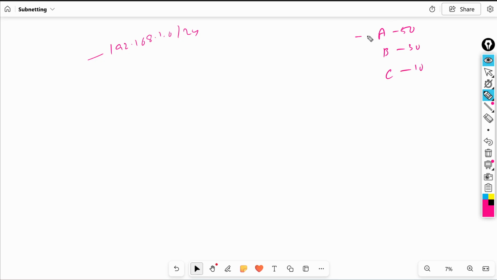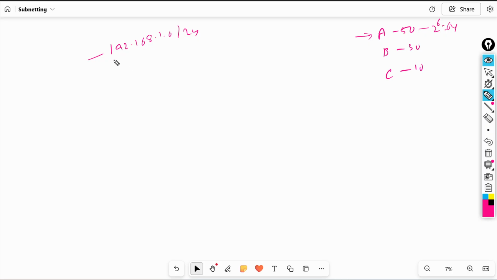So the highest requirement is 50, so we are doing subnetting based on the 50. 50 means we are taking how many? 2 power of 6. 64 IPs we need to take. We cannot take exactly 50 IPs. Remember this point. We should take 64 or more than 64.